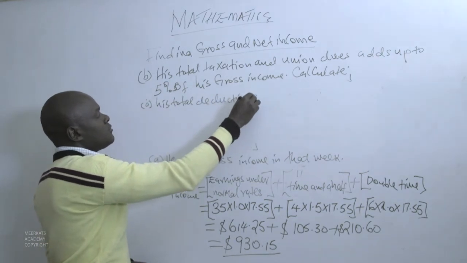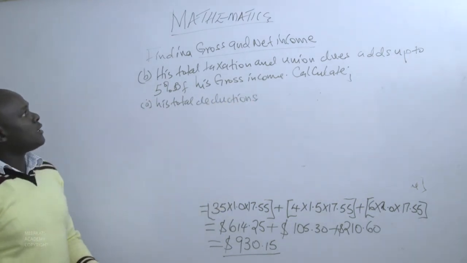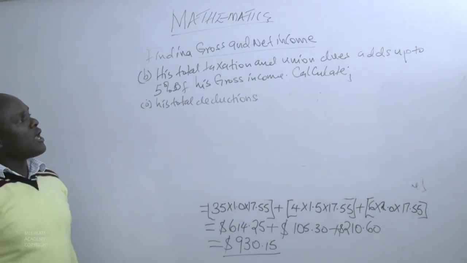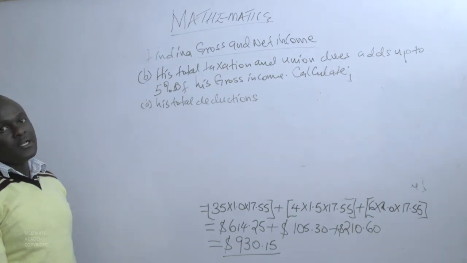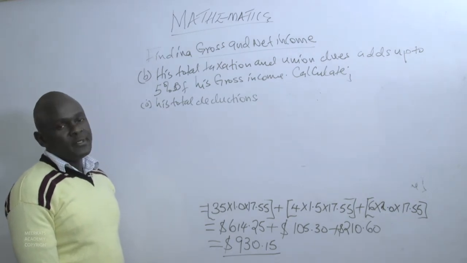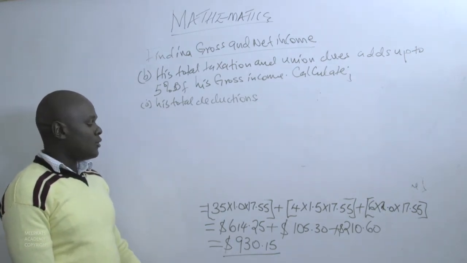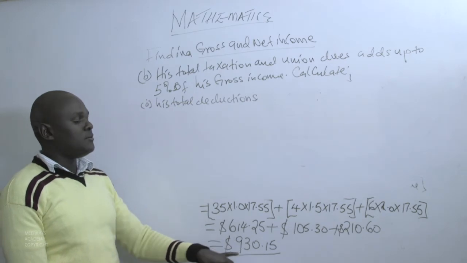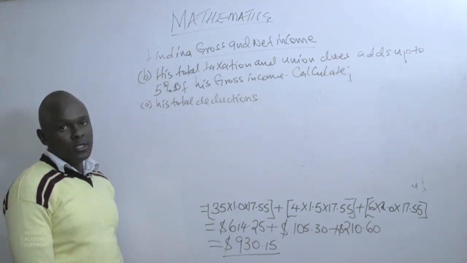His total deductions. We are told that his total taxation and union dues, which are the two components of deductions that we have in this particular case, amounts to 5% of his gross income, and our gross income is $930.15.